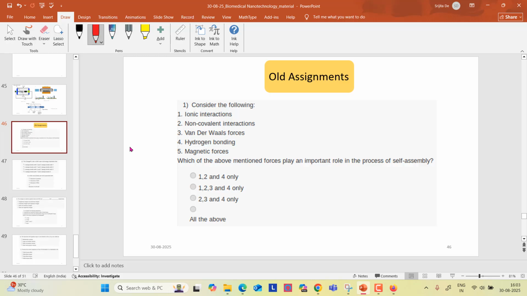Which of the above mentioned forces play an important role in the process of self-assembly? We have just gone through the self-assembly portion, so I think you will be able to tell which forces act. Please respond in the chat.